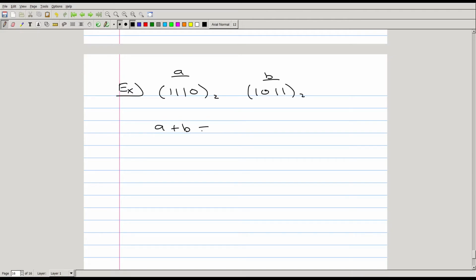A plus B is going to be equal to 1 plus 0 is 1, 1 plus 1 is 2, or 0, and then we have to carry over a 1 to the next term, where we have 1 plus 0 plus 1 is 2, so again we have to carry over, and then we get 1 is carried over, plus 1 plus 1, which is 2, plus 1 is 1, so we'll have a 1, and then we have to carry over another 1.